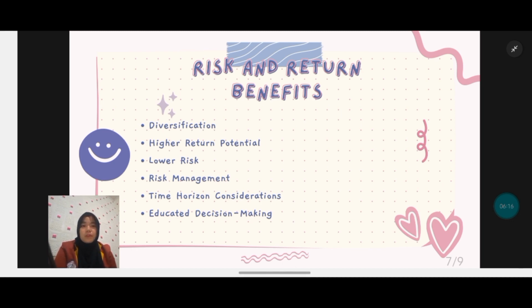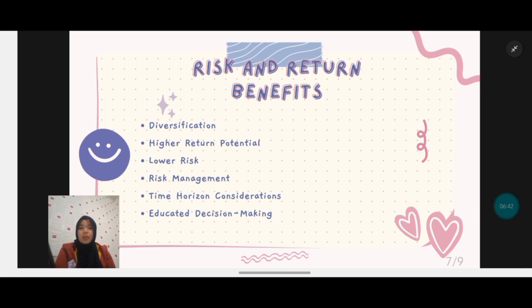Number two, higher return potential. Generally, investments with higher levels of risk have the potential for higher returns. Investors willing to take on more risk may expect greater rewards in the form of capital gains, dividends, or interest income.